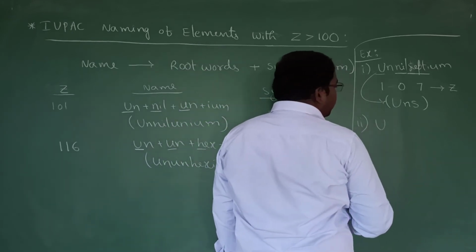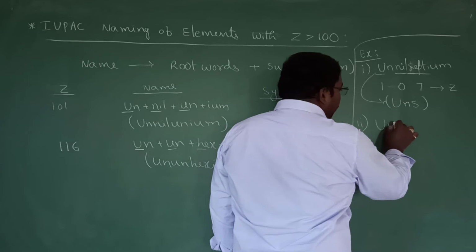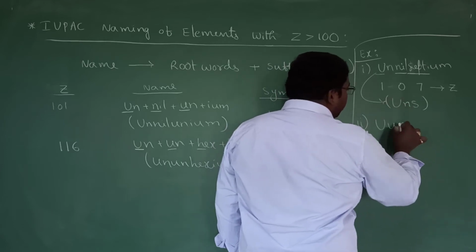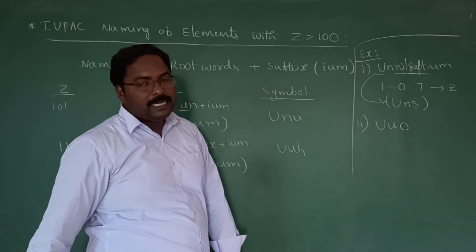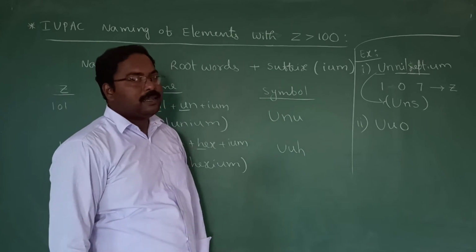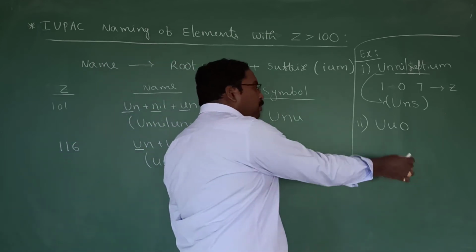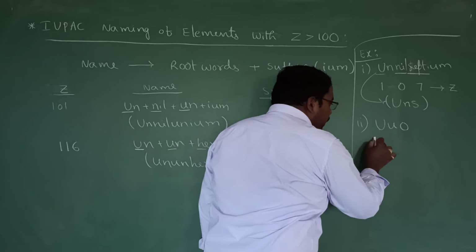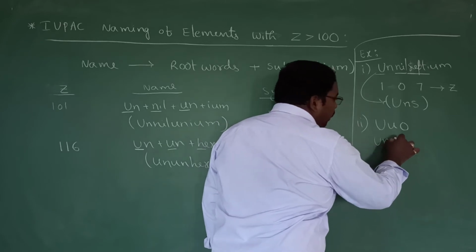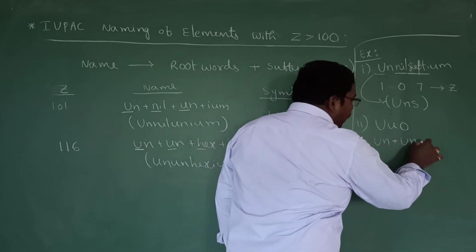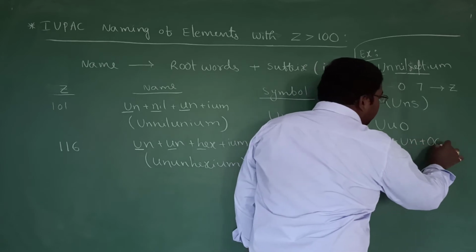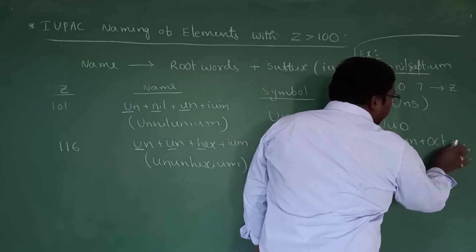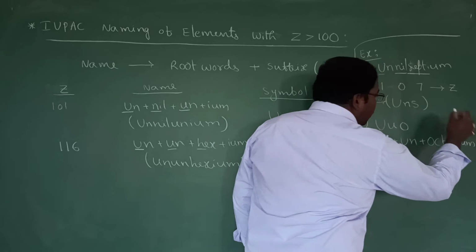Now another example. The symbol is given as UUO. What is the name of the element? The U is the symbol, nothing but it represents un. Again un. The O represents oct. Plus the suffix, anyway we know, IUM.